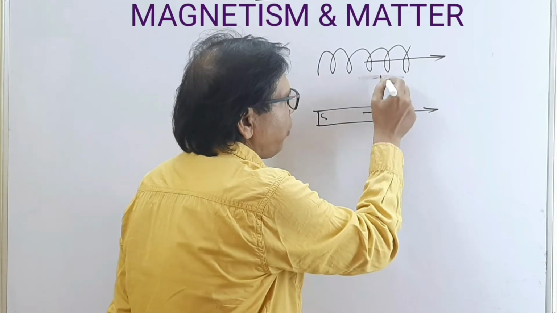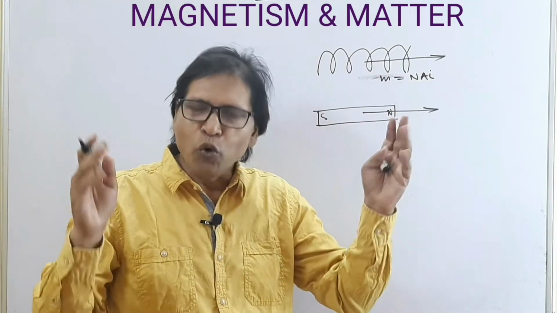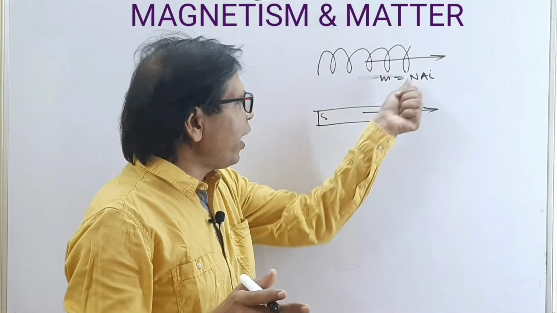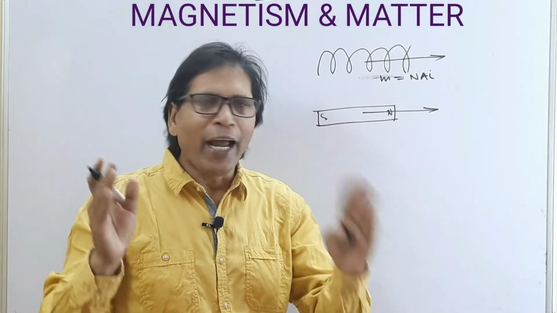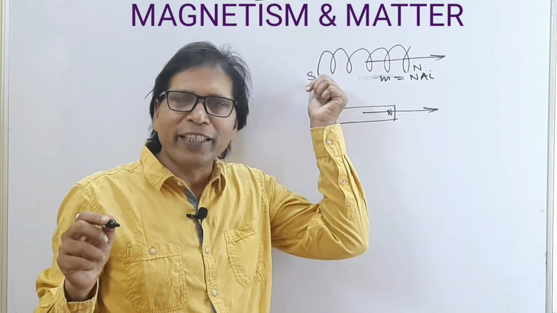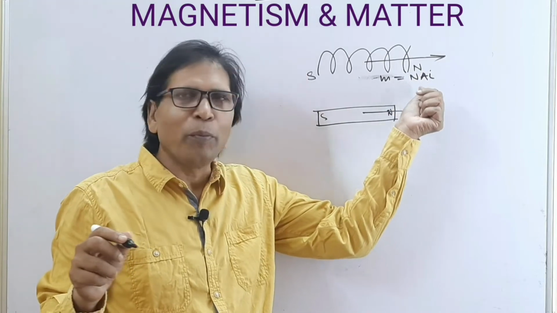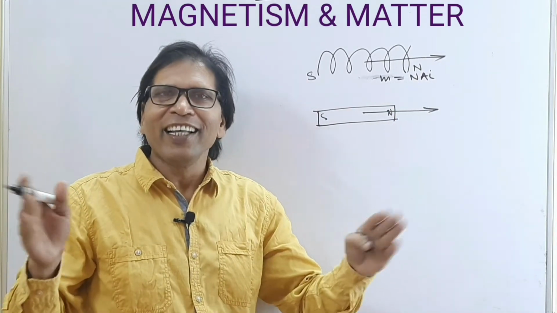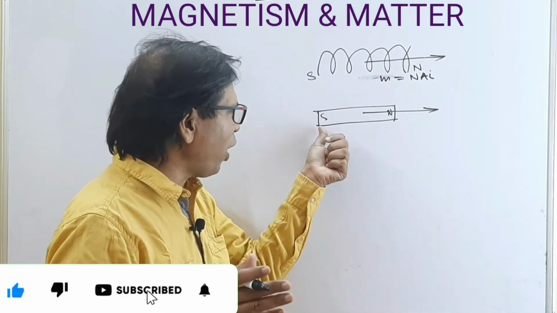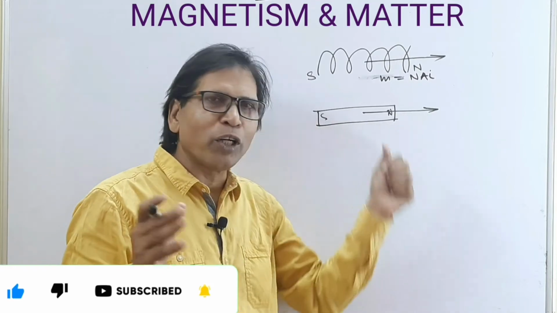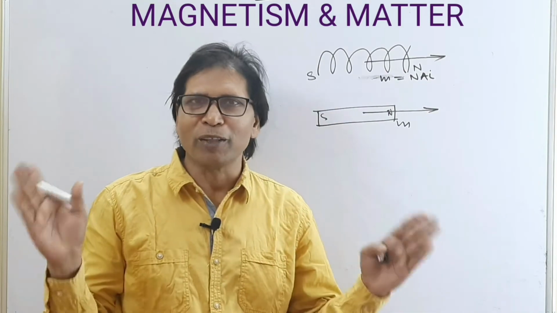Its magnetic moment m equals NAI, where N is the total number of turns, A is the area of cross section of each turn, and I is the current passed through it. One end of the solenoid represents the S pole and the other represents the N pole of magnetic moment NAI. In the same way as a bar magnet, which also has one end south pole and the other end north pole, with magnetic moment directed from south pole to north pole.